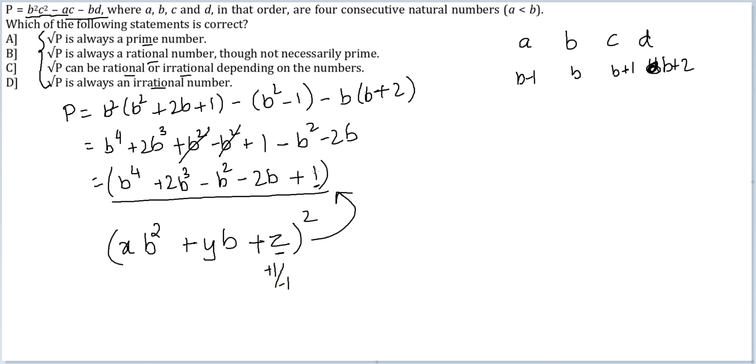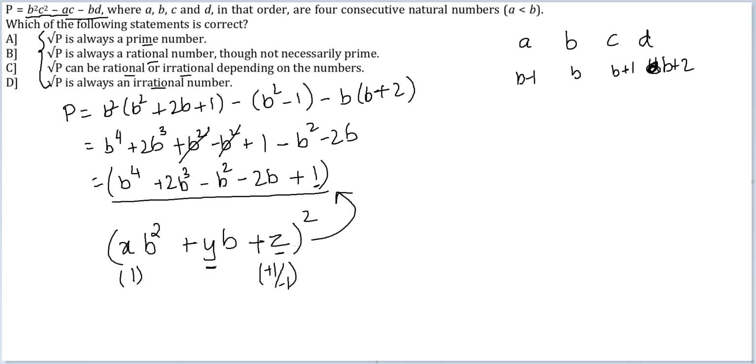Square of plus 1 or minus 1 will lead me to 1. This is done. Can you see the coefficient of b square in this expression will necessarily be 1 only? Only then do you reach b raised to the power 4 here. So the value of x is identified, the potential value of z is identified.